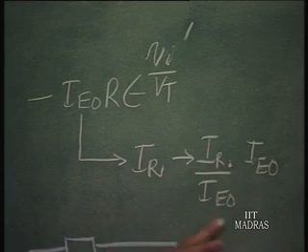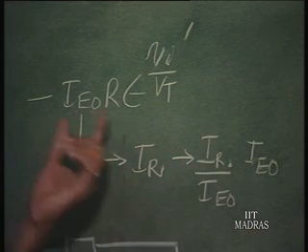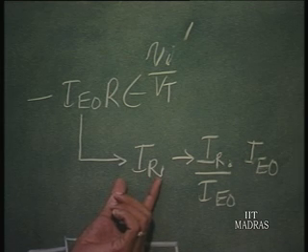So, I have to extract a factor like IR by IE naught from something else, because IE naught is to be replaced by IR.